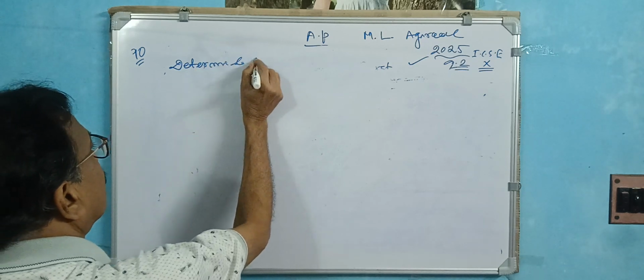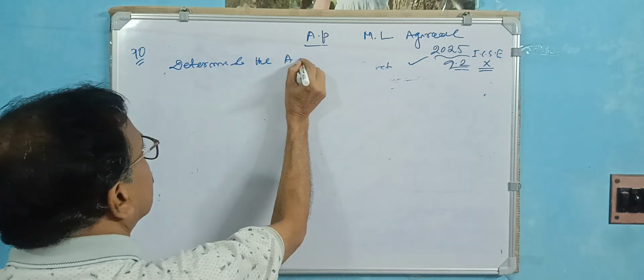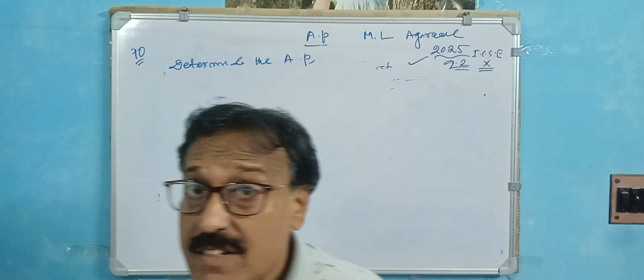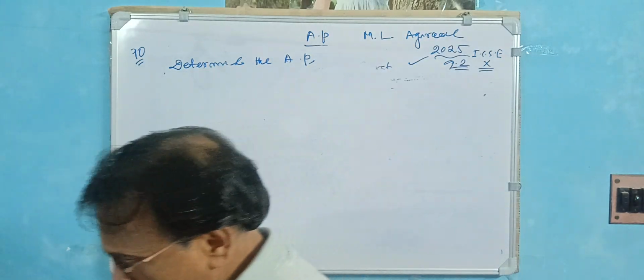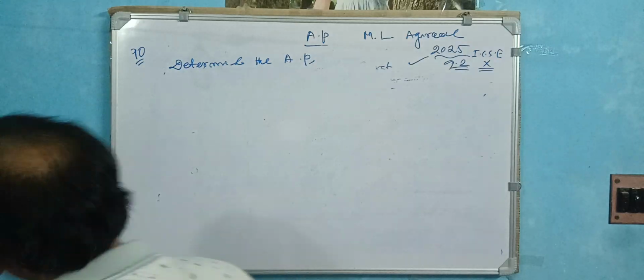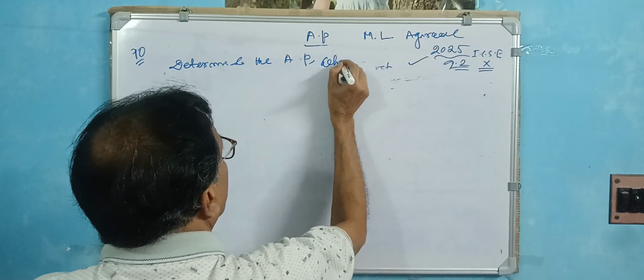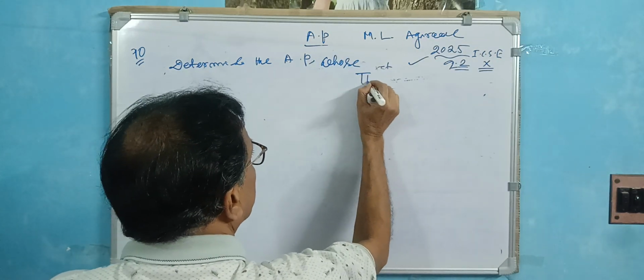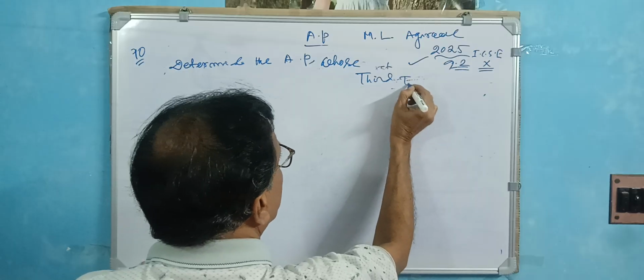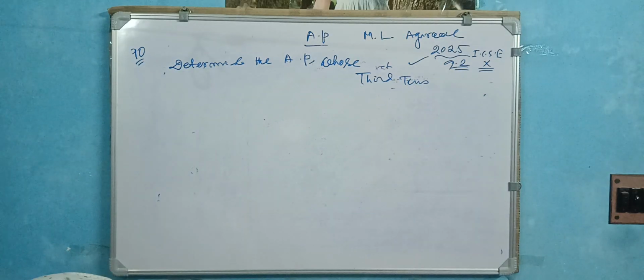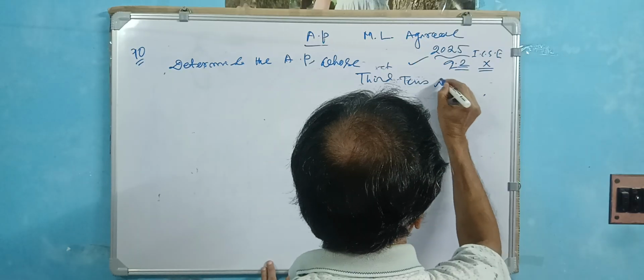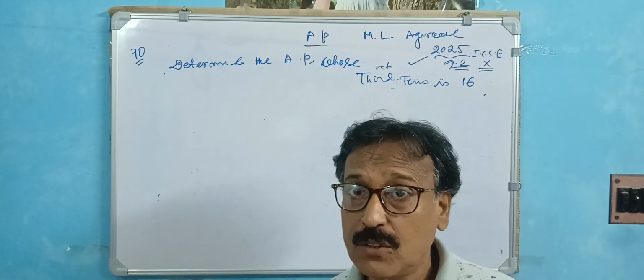Determine the AP. Okay, very interesting sum. Determine the AP whose third term is 16. Third term is 16. Okay, no problem.